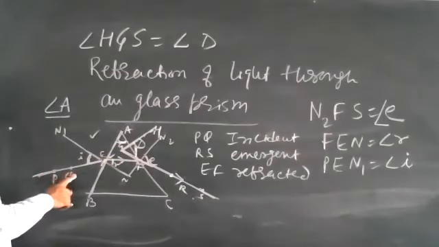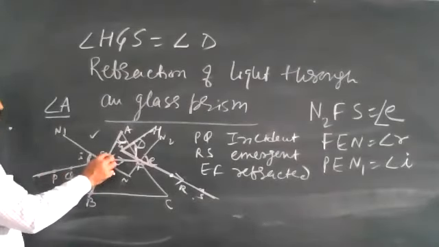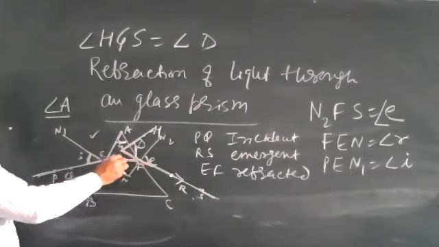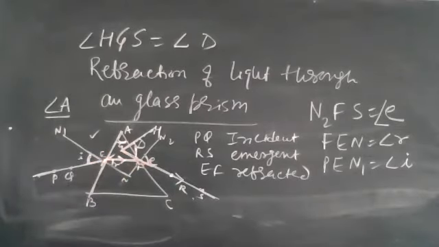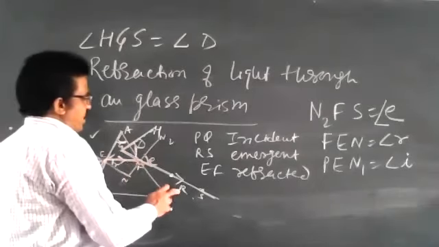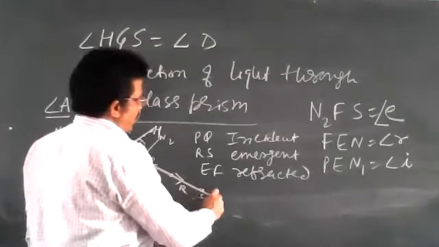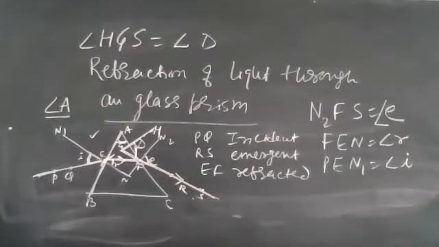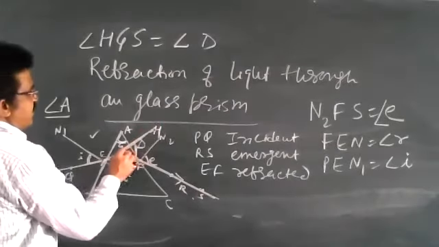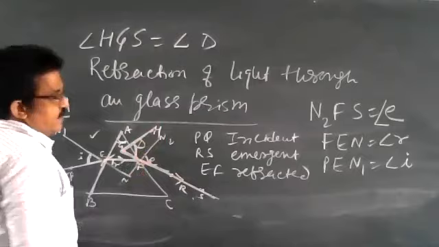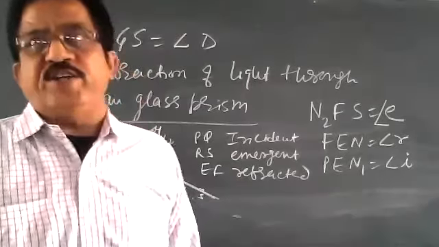Once the ray goes from air to the glass medium, it will bend towards the normal. Then when it goes from glass to air medium, it will bend away from the normal. This angle shown, HGS, is called angle of deviation.